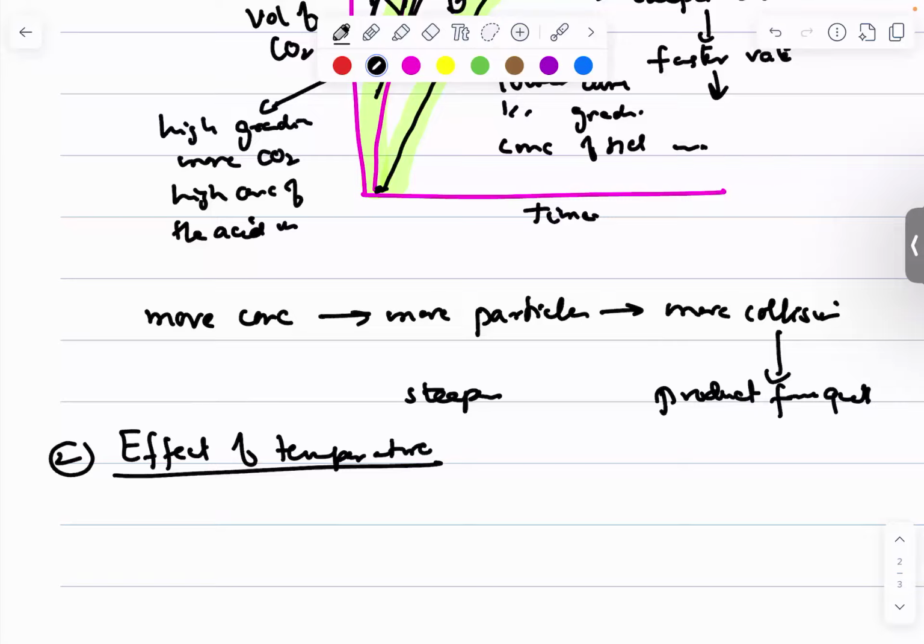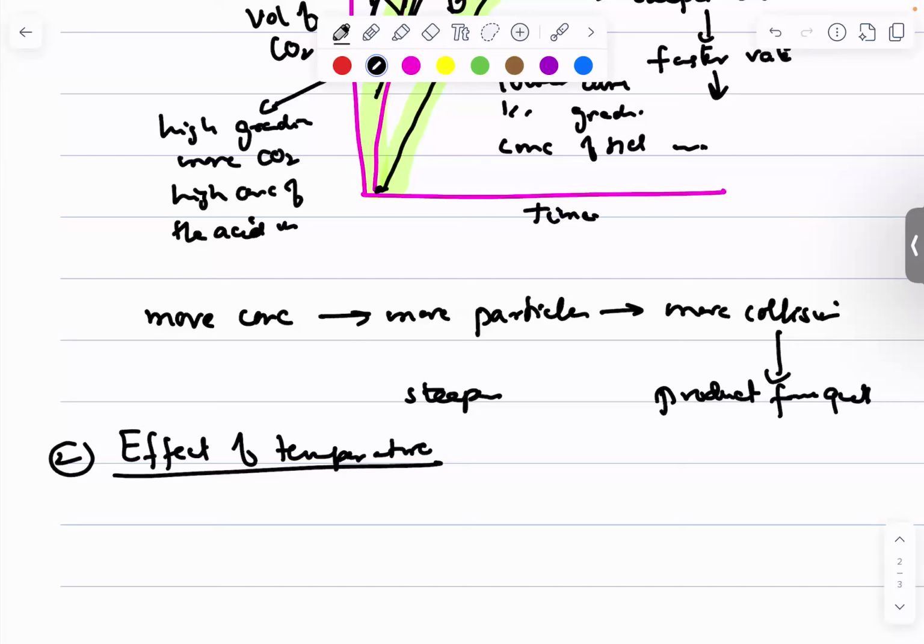So what happens when you increase the temperature? The kinetic energy of the molecules increases. When the kinetic energy is increased, they start colliding faster with each other. In the case of boiling water, they are not producing any product.